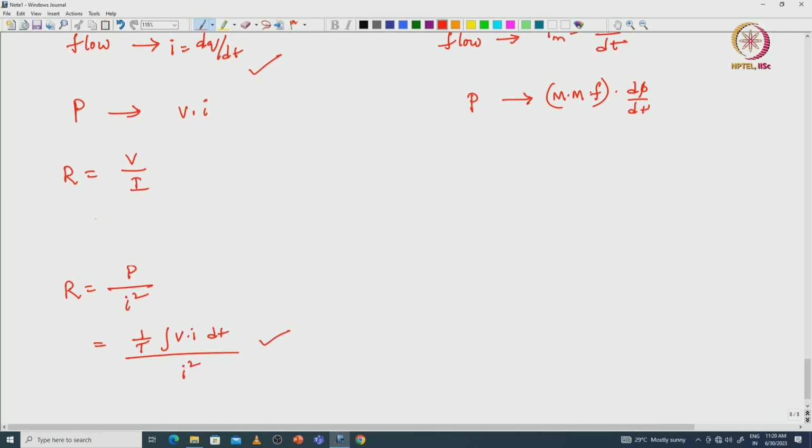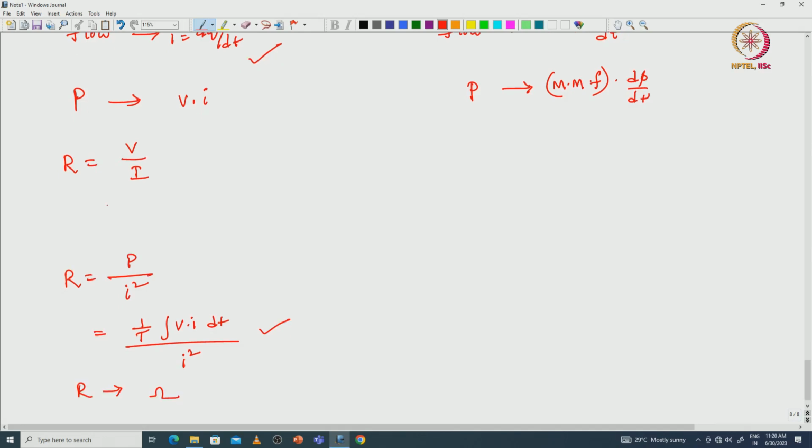In terms of power, the resistance equation, R, units will be ohm on this side, and resistance in the magnetic domain, Rm, is equal to MMF divided by d phi by dt, or with respect to the power equation, P divided by I square.